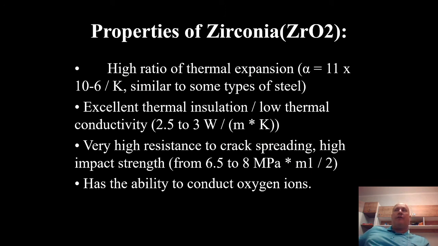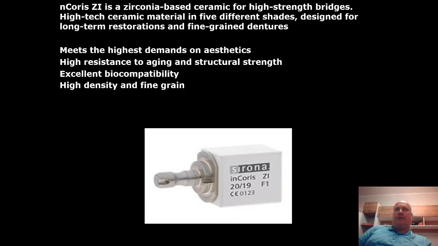Properties of zirconium dioxide: high ratio of thermal expansion, excellent thermal insulation, low thermal conductivity, very high resistance to crack spreading, high impact strength, and the ability to conduct oxygen ions.